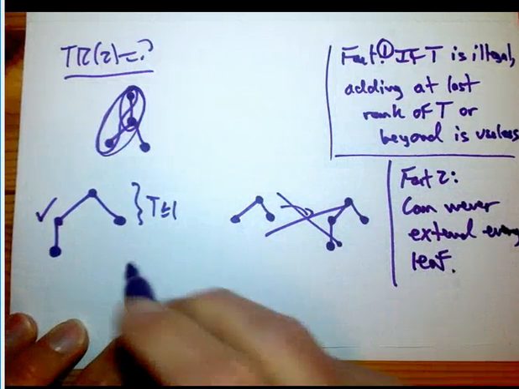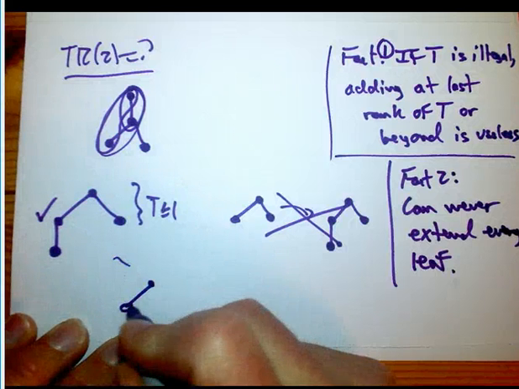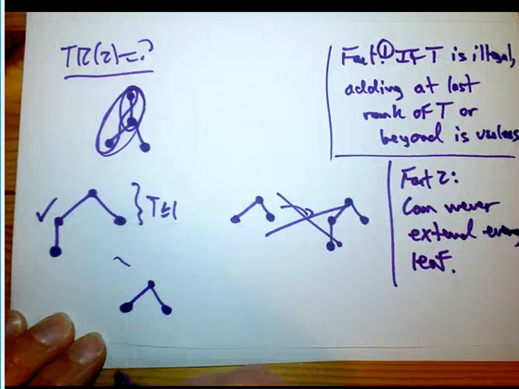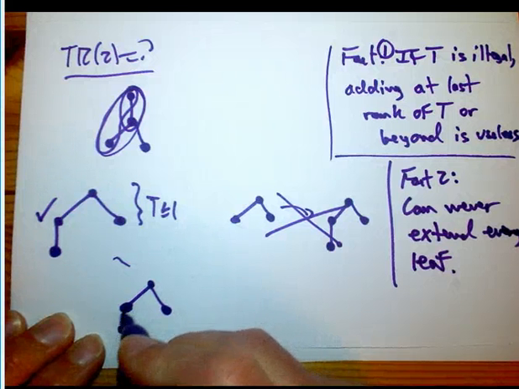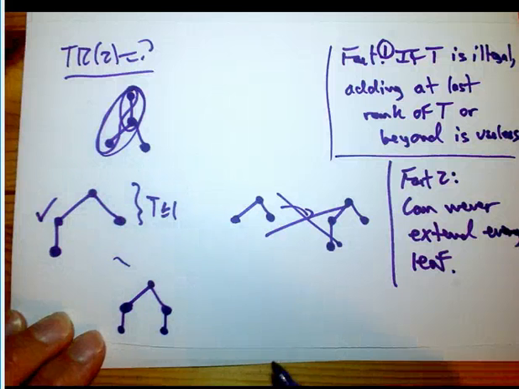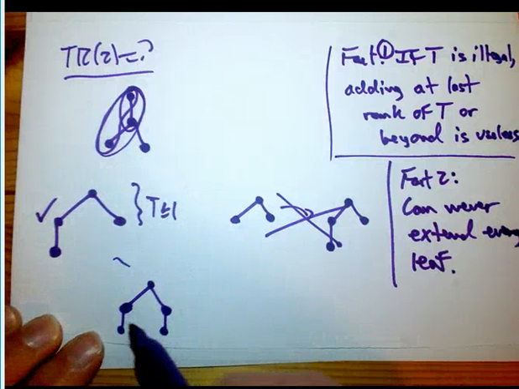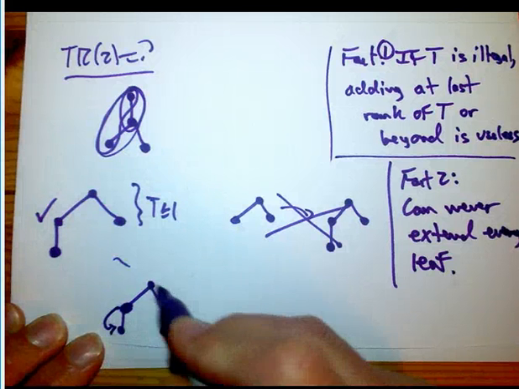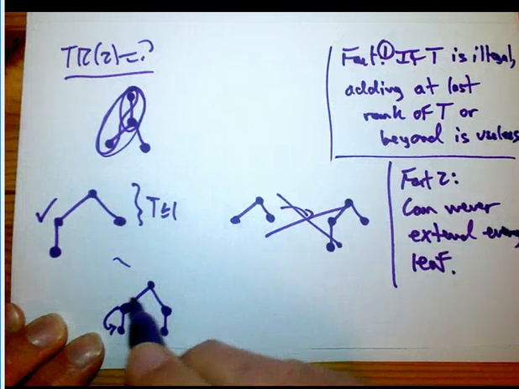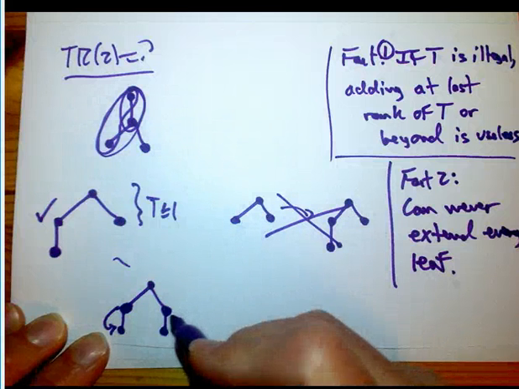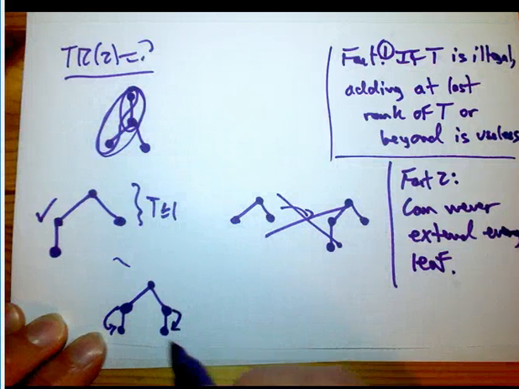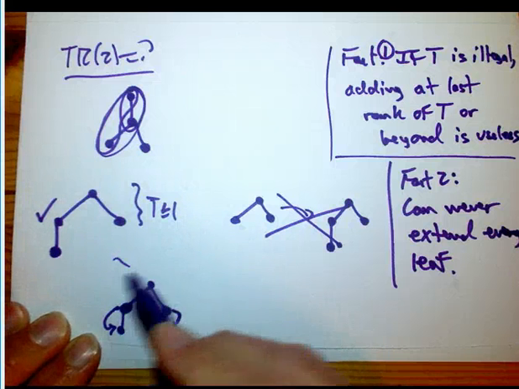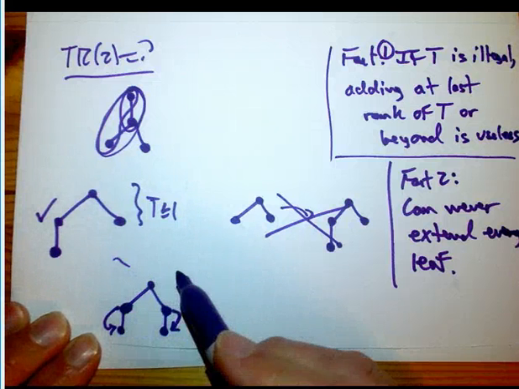If we have something that's legal, like this guy was legal, and we extend every leaf by 1 or 2, let's just display 1 here, then what I can always do is keep everything at the top above, and no matter how complicated the stuff is before the last rank, I'll just slide everything in the last rank down. And then all the ancestor relationships are preserved up here, no matter how complicated it is.